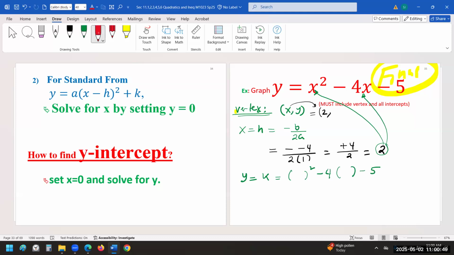Instead of x, we write 2 because we just found our x value of the vertex is 2. So we get 4 minus 8 minus 5. And what do you have from there? 4 minus 8 is negative 4. Negative 4 minus 5 is negative 9. So the y value of the vertex is negative 9.